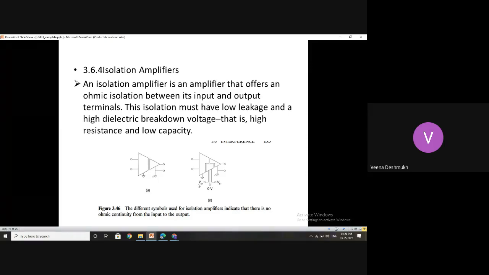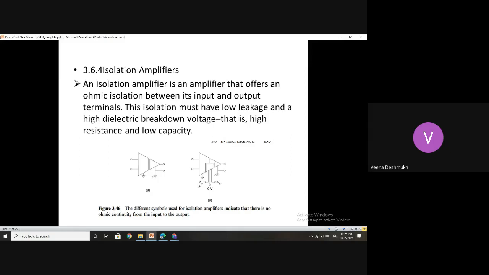Only thing here, the op-amp circuits are used because they improve the impedance characteristics of the circuit. Now, what I mean by impedance characteristics is that the input impedance for any device should be very high and the output impedance should be low to avoid the loading in the circuit, to avoid more current being drawn into the device.